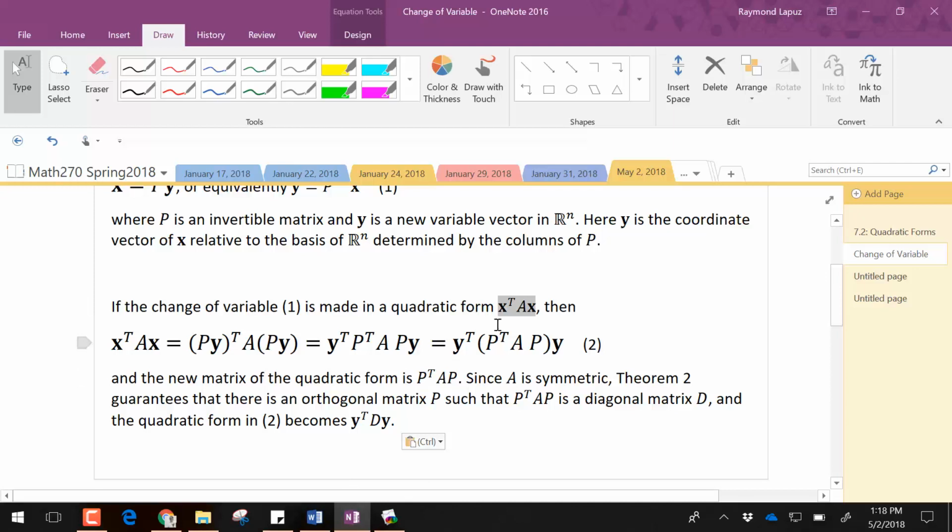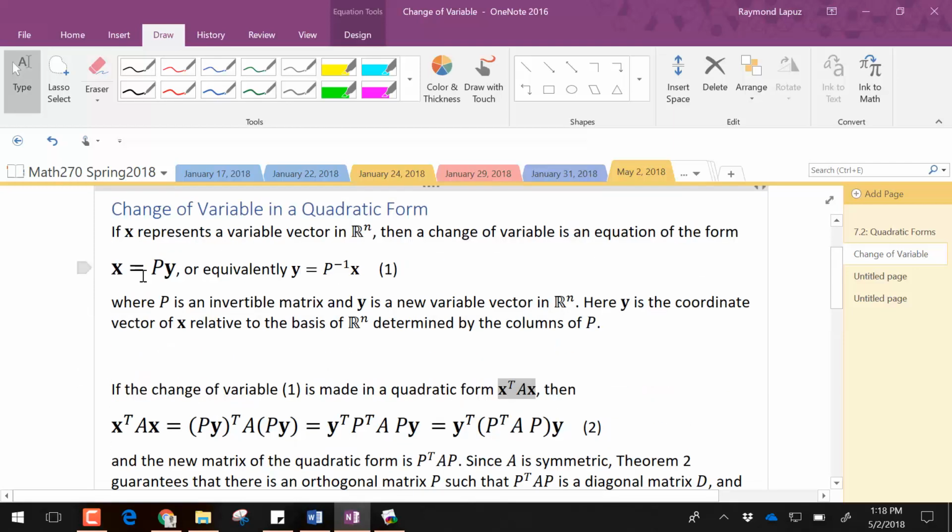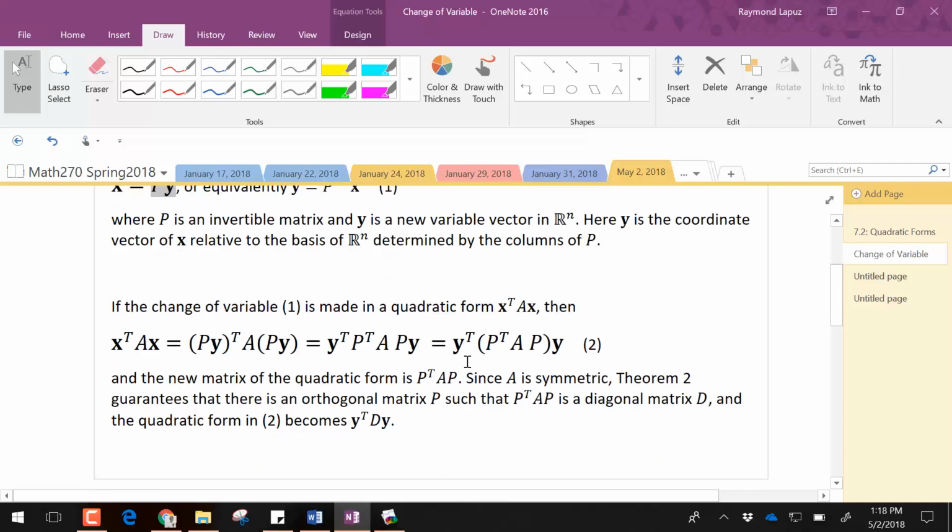So what we want to do is change this X into P times Y, as per our transformation, just to get an idea where that P comes from. If we replace the x's with P times Y, and then do some transpose algebra and some regrouping, then we get Y transpose times P transpose A P times Y, which is very close to this idea of our diagonalization.